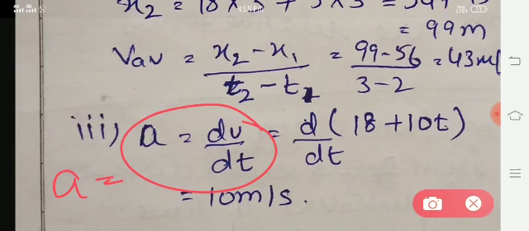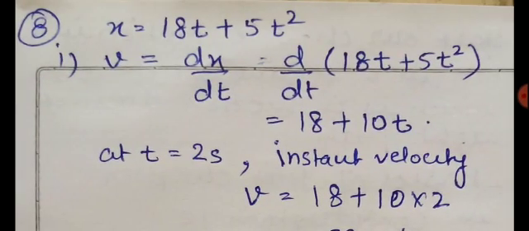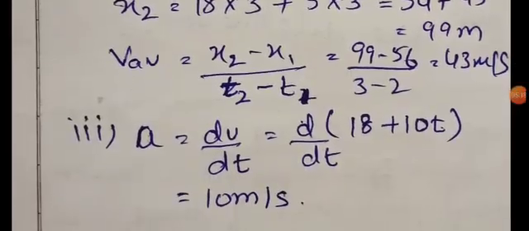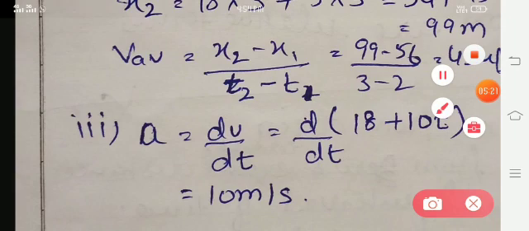Already in your first part you found the value of v, that is the derivative of displacement with respect to time, given by this equation. Now you will use this equation in finding the acceleration.